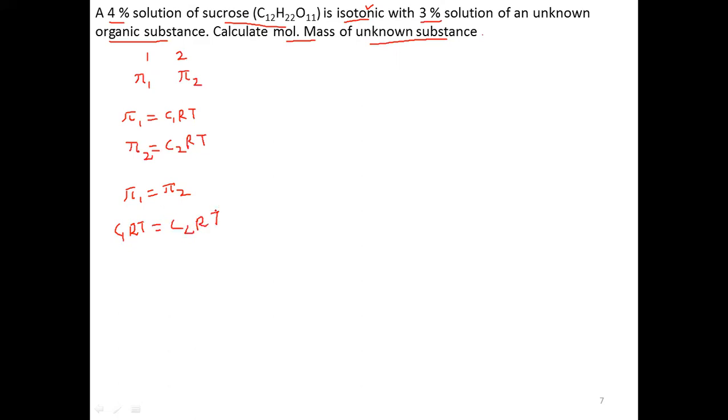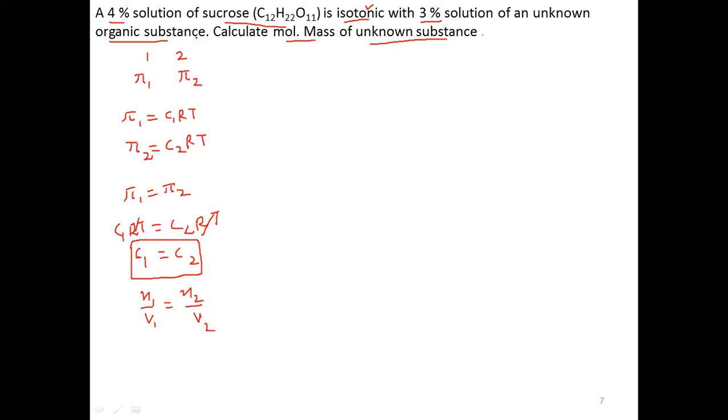Now RT gets cancelled, so we have C1 is equal to C2. So those solutions which are isotonic at the same temperature will have the same concentration. Now what is concentration? Concentration is N1 divided by V1 is equal to N2 divided by V2.